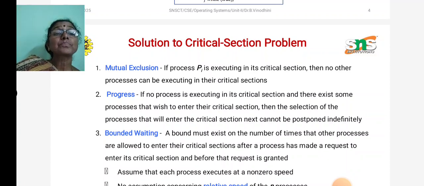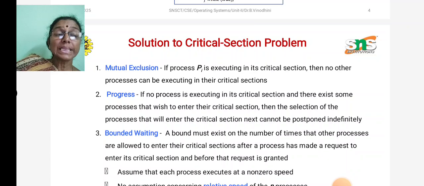Next is bounded waiting. A bound must exist on the number of times other processes are allowed to enter the critical section after a process has made a request to enter its critical section and before that request is granted. Suppose you have two processes P1 and P2 that want to enter the critical section, but P1 keeps executing the critical section again and again.